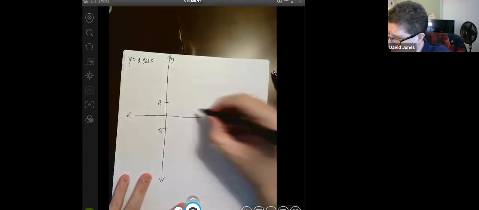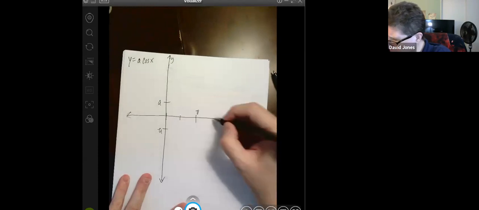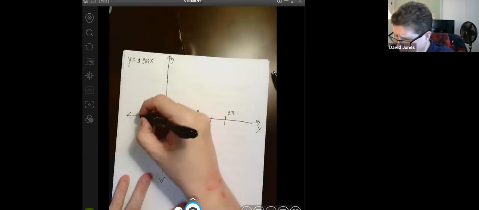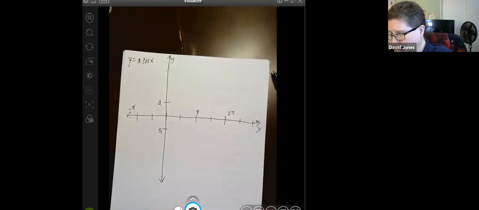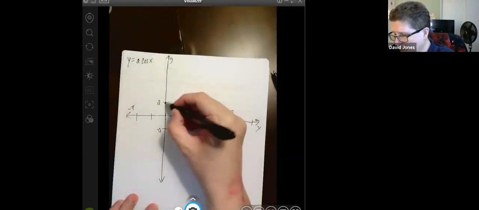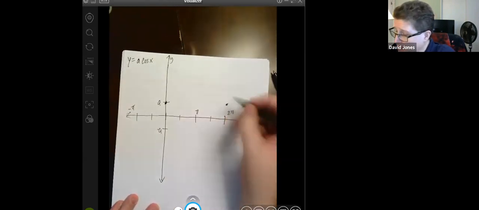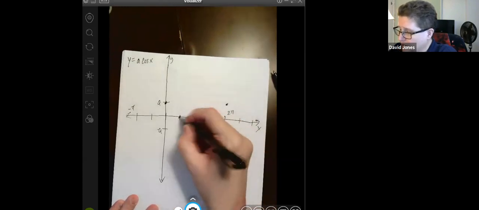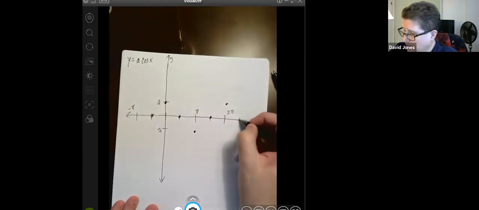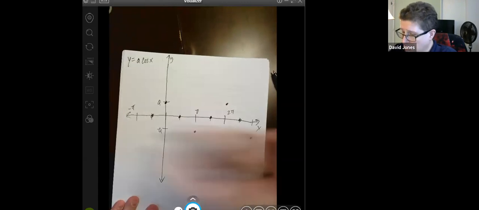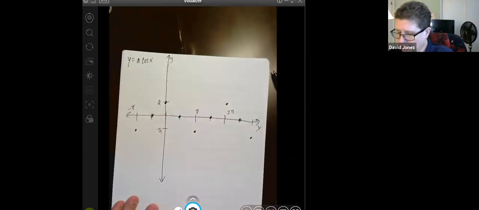Two pi, pi, negative pi. So the base graph of cosine starts at a, ends at a. The midpoint's negative a, and we got zeros at the quarter points, which means there. All right. So my quarter points become asymptotes.